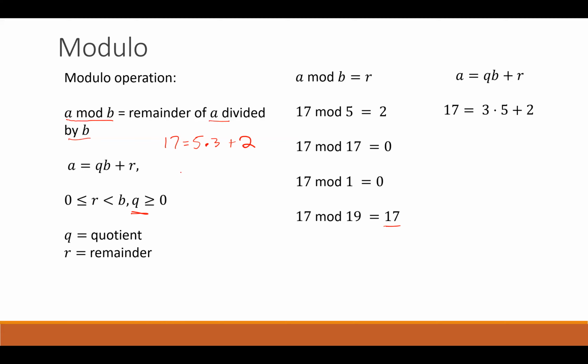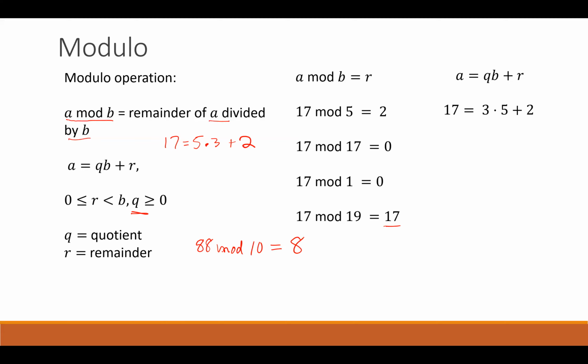I can have, let's say, 88 mod 10 is equal to 8.